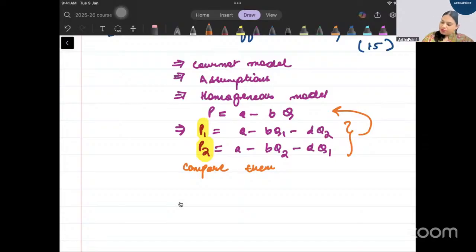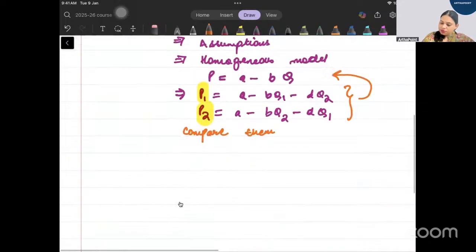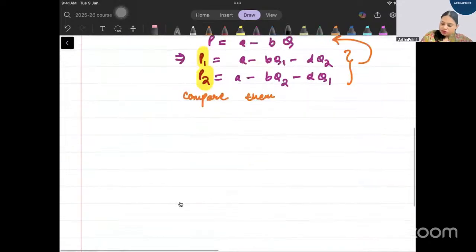Let's start. Solution. We'll begin by explaining what the Cournot model is.